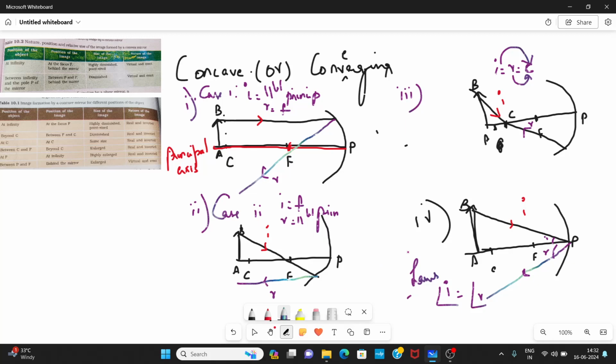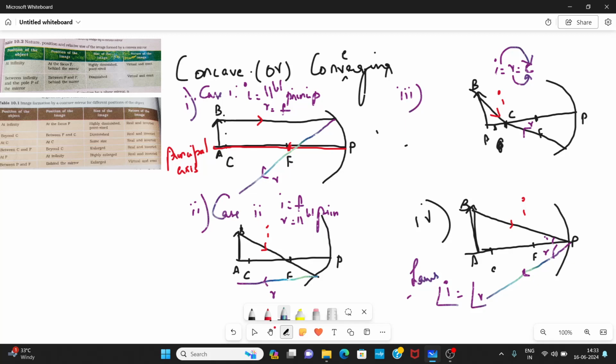So these are the 4 cases we have seen, and I hope you could all see the image here. So if you place the object at infinity, the position of the image will be at the focus, and the size of the image will be highly diminished and point size.